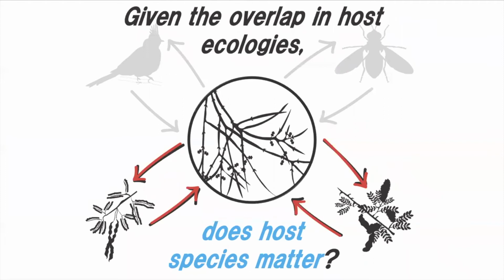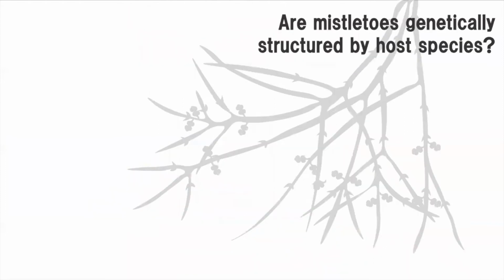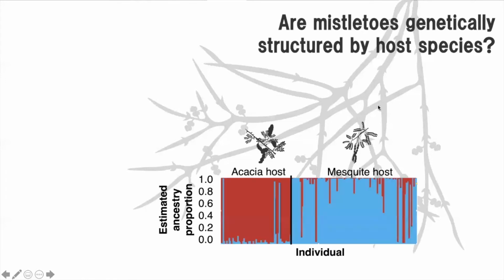So does host species matter to them? So I asked this by looking at the genetic structure, and I see, looking at a structure plot here, that there is really strong host-associated differentiation. So to familiarize you with a structure plot, along the x-axis, each vertical bar is an individual mistletoe.